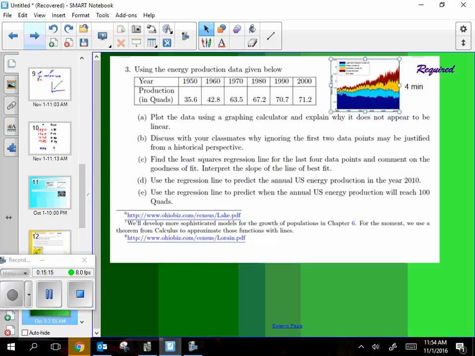Now you will see that sometimes the teacher that makes the key likes to put in, instead of 1950, they'll just put in 50. And they'll just put in 60 and 70 and 80 and 90 and, oh, what would you do? 100, I guess. My point is, you can do that, but personally, I think it just stays more accurate to understand if you leave the original numbers in there.